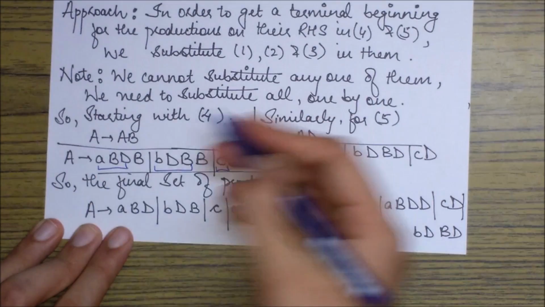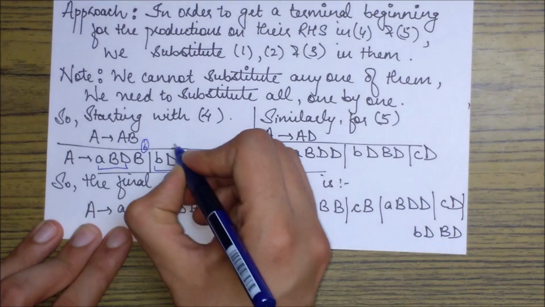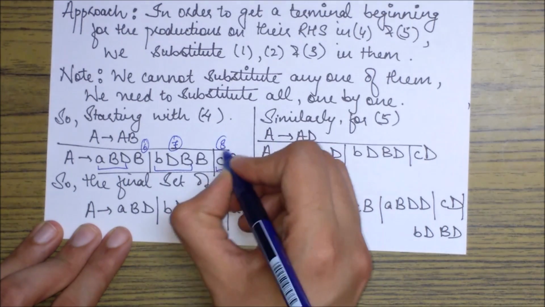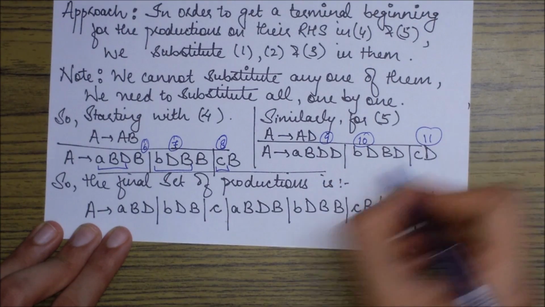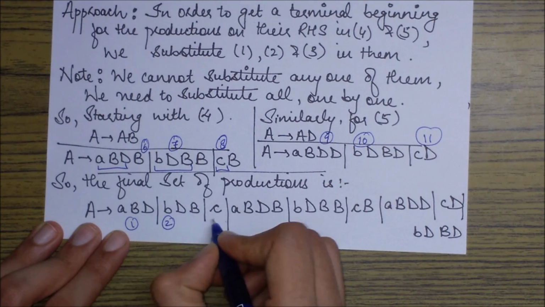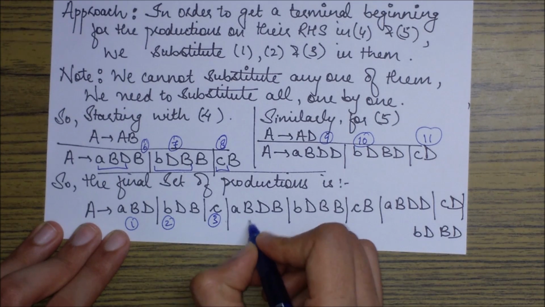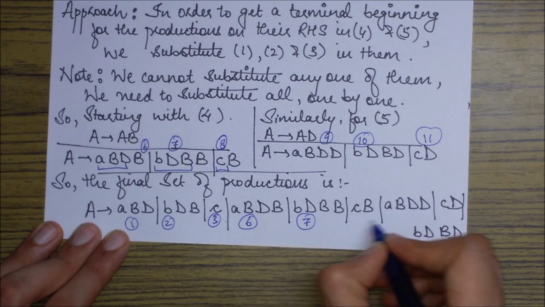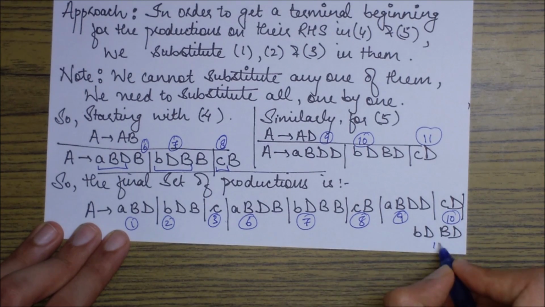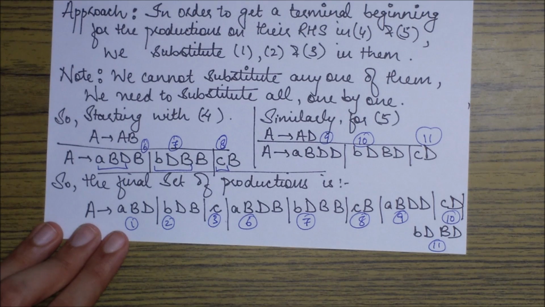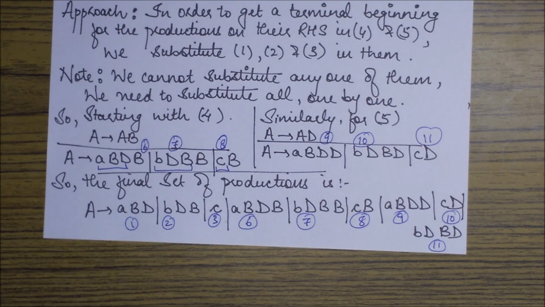That is, if I number them, it will be 1, 2, 3, 6, 7, 8, 9, 10, 11. So basically just 4 and 5 replaced with 6, 7, 8, 9, 10, 11. Rest remains the same. So this is the final converted GNF grammar.